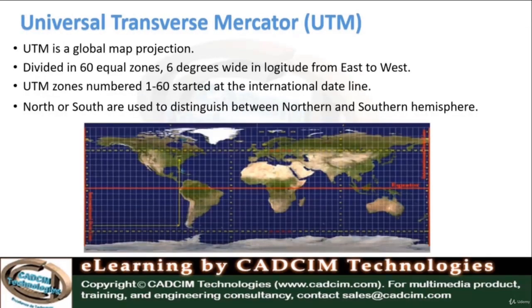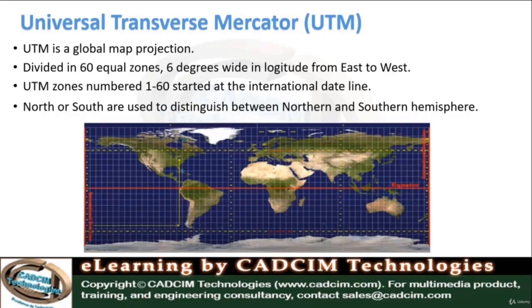A very frequently used projection in this group is the Universal Transverse Mercator projection, or UTM. It is a global projection, so we can use it for any location on the globe. It is divided into 60 equal zones, each 6 degrees wide in longitude from east to west, and it starts numbering with number 1 at the international date line and goes up to 60.